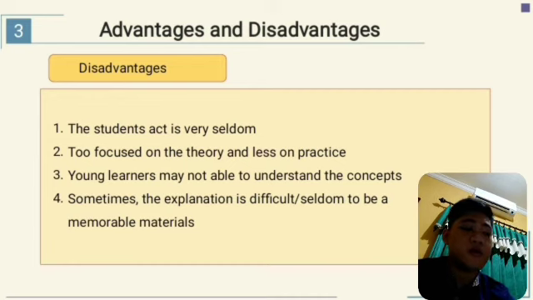Okay, number three is that the young learner may not be able to understand the concept, because the young learner may not understand the meaning of a certain word, phrase, or clause, but the high level student is more experienced, and of course their knowledge is higher than the young learner.